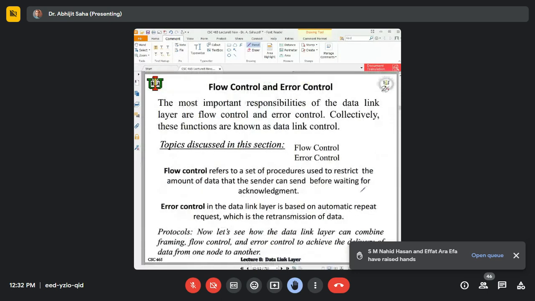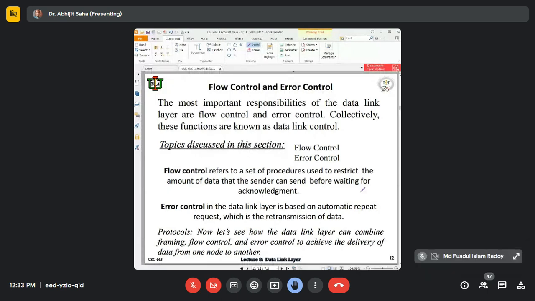So now you are going for flow control and error control. These are the two most important features that we have in the data link layer. These are considered the main responsibilities of the data link layer: one is flow control and another one is error control. We already know what they are. When the sender is sending frames to the receiver, the sender needs to know how many frames the receiver will be able to receive at a time.